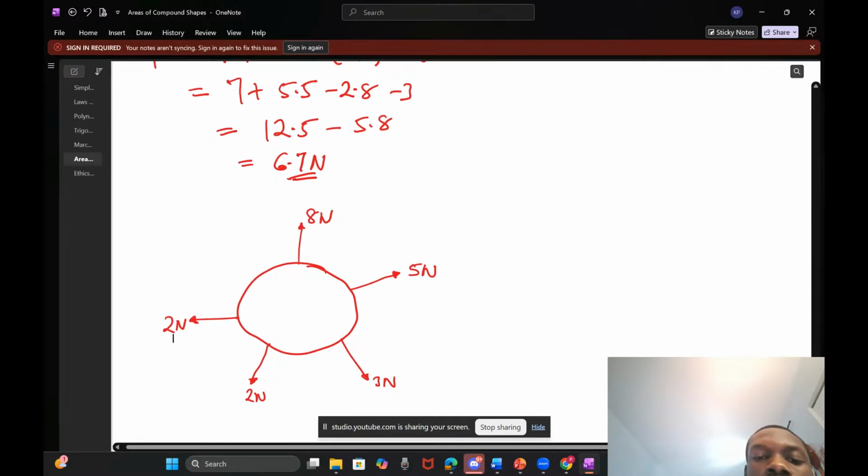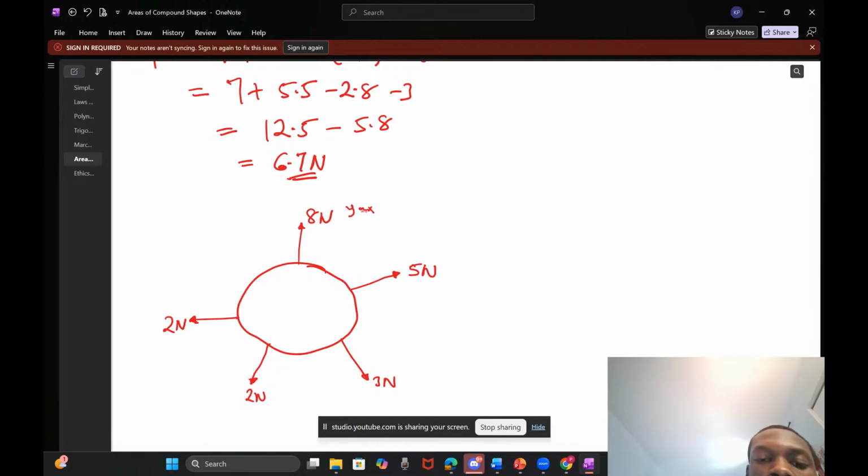So let's assume that this is y-axis, this is x-axis, this is y-axis, this is y-axis, this is x-axis.